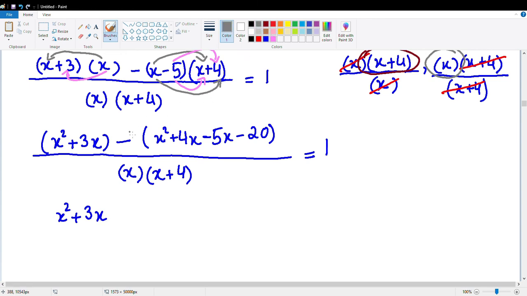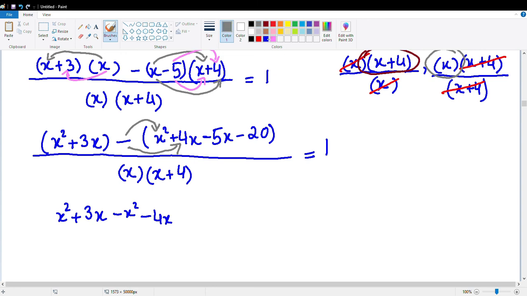Right here. So when minus multiplies with x squared, we'll get minus x squared. When it multiplies with 4x, we'll get minus 4x.